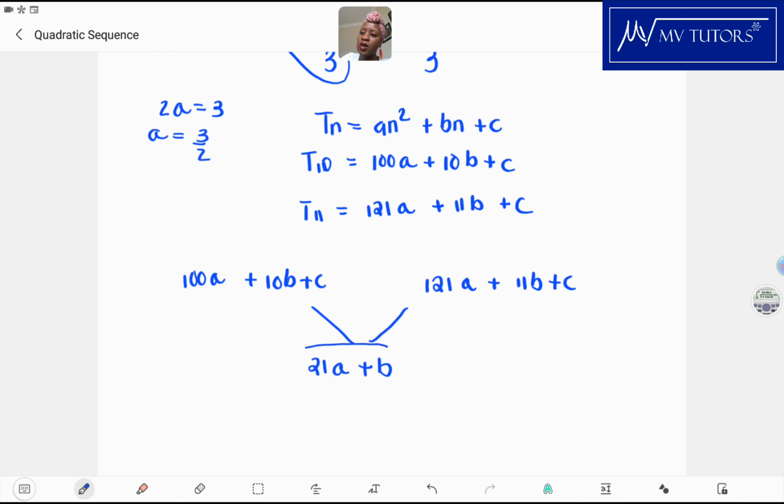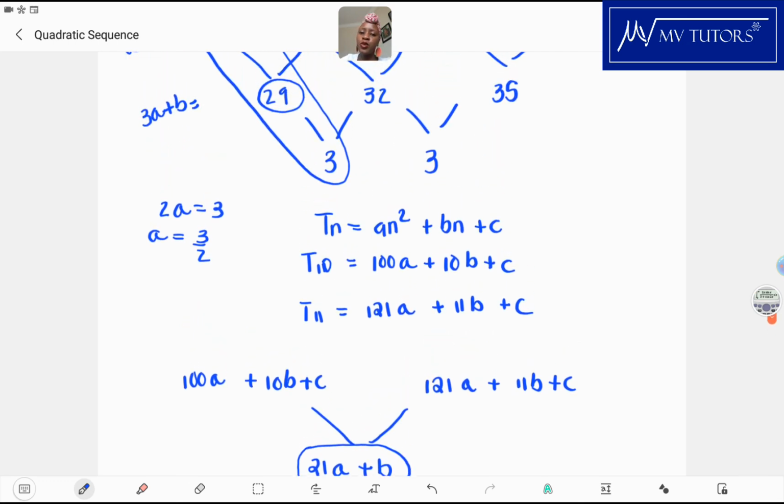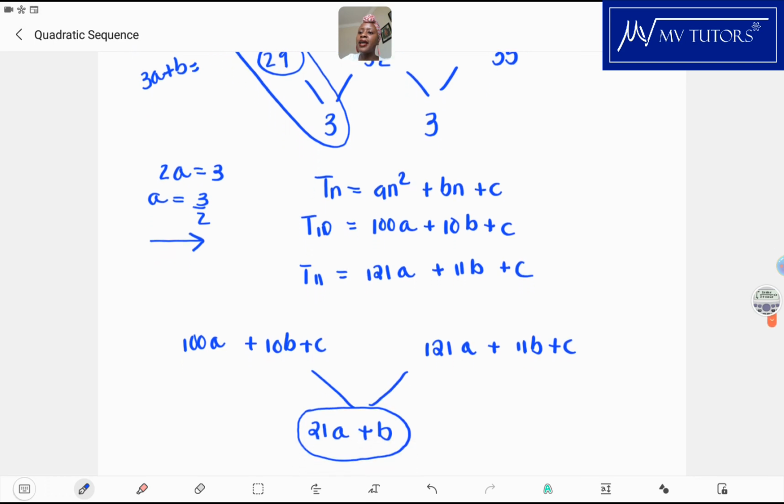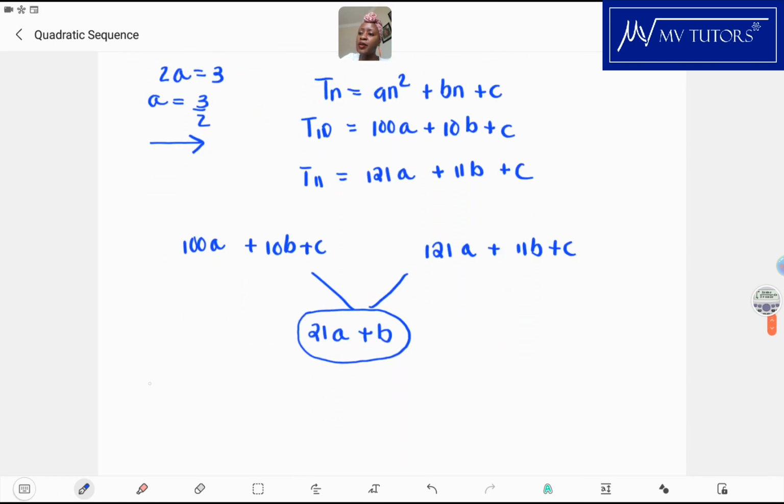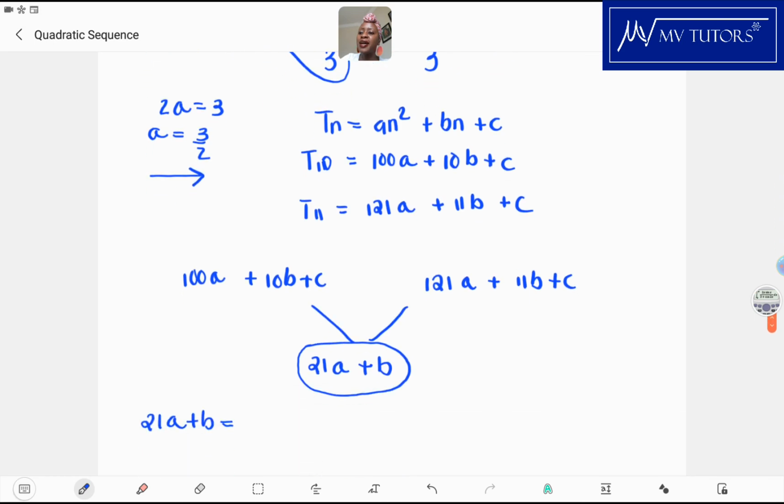So 21a plus b, guys, that would be equal to 29. We already have a: 2a is equal to 3. And now we have that 21a plus b would be equal to 29.